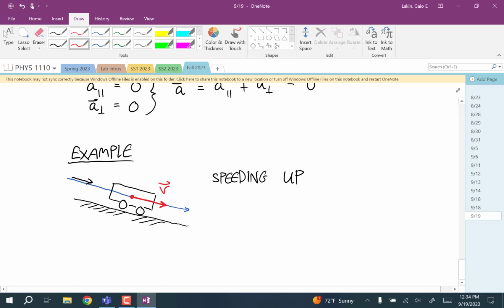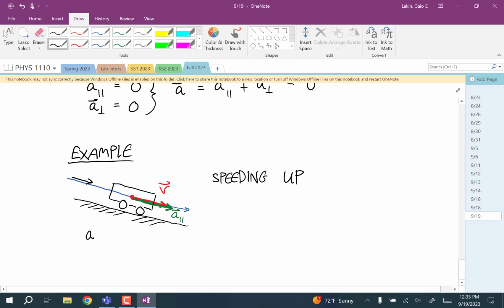Is it speeding up or slowing down? Speeding up, so is A parallel in the same direction as V or the opposite direction? Same, yep. So A parallel is this way. Is it turning?